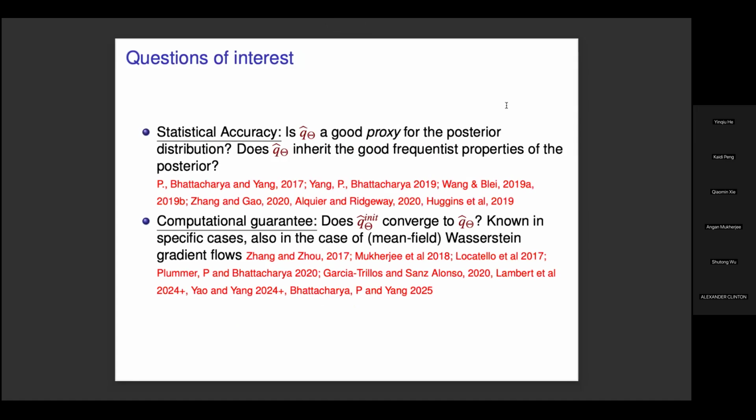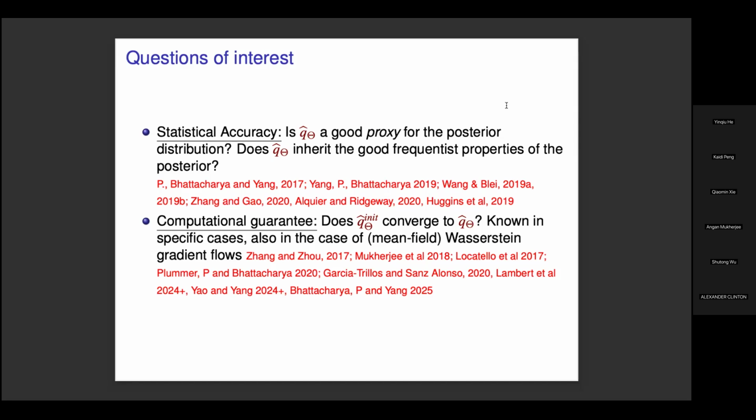So what are the key questions of interest? Of course, we want to know whether the optimizer that we're getting at the end of the day is a good proxy. In other words, whether Q hat theta inherits all the nice properties of the posterior distribution. From the computational side of things, we'd like to answer whether the optimization problem involved, which is often non-convex, leads to the global optimum or not.